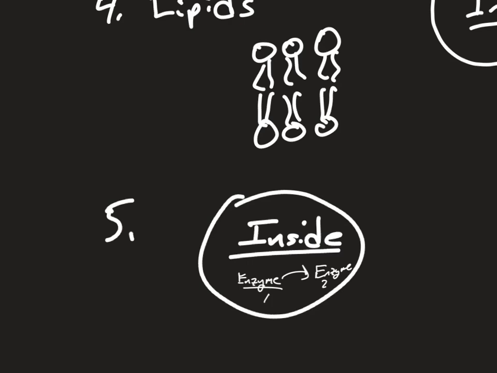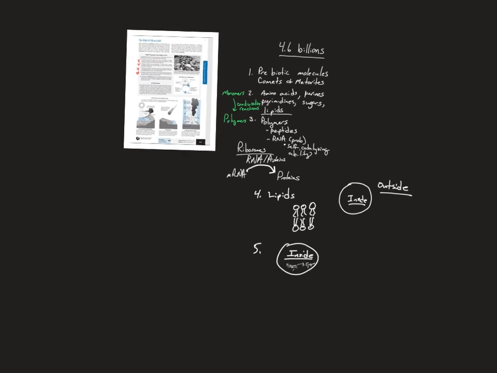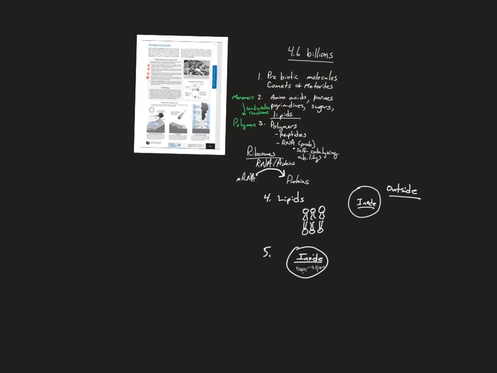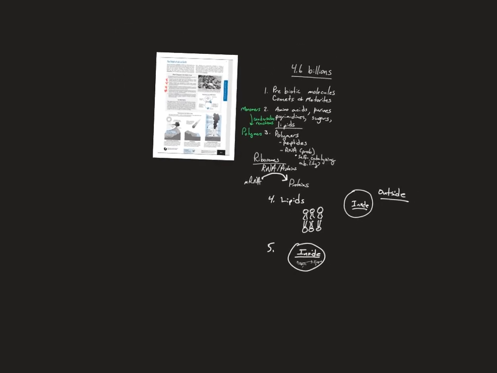And then you start to add complexity from there until the point where you start to get something that has the qualities of life, right? So it's able to replicate itself, it's able to process energy, it's able to react to the environment. All the qualities of life start to show up after step 5. But all these steps really are necessary, probably in some kind of order like this, in order to get that first cell.